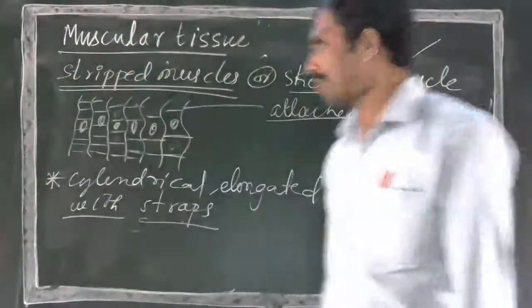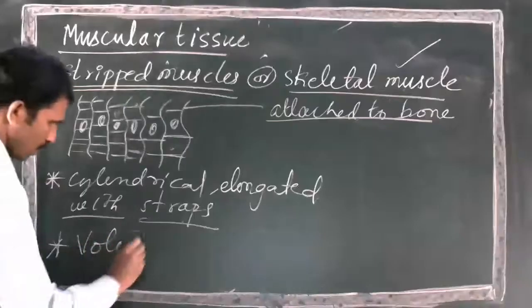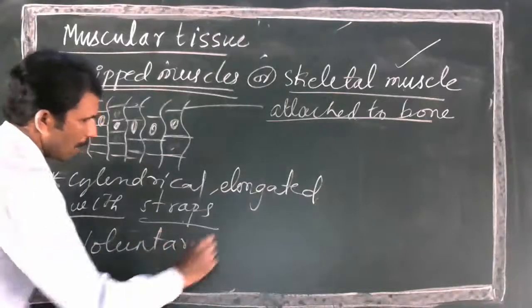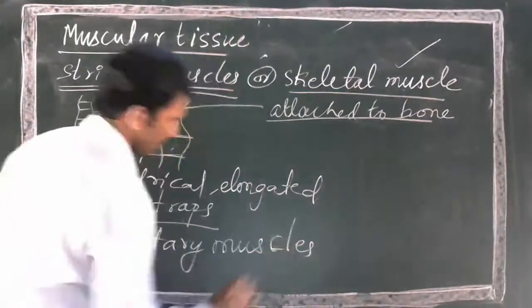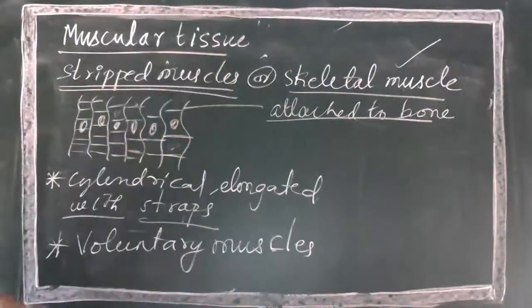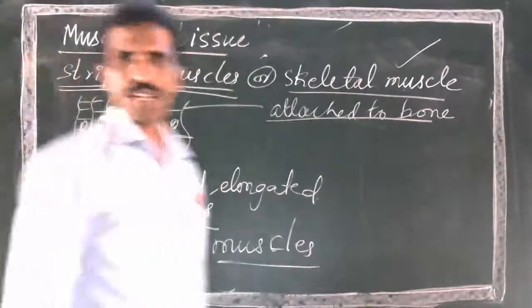These are also called voluntary muscles. Why do we call them voluntary muscles?